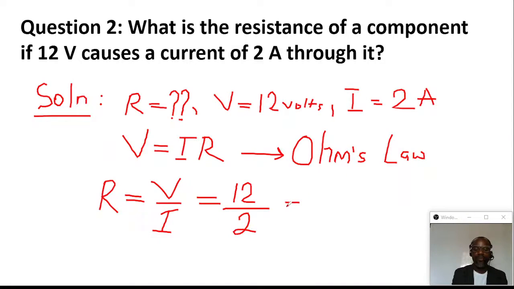By the information present here, it means that 12 divided by 2 is going to be 6. Good. That is it. Six, and the unit is ohms, because resistance is measured in ohms.